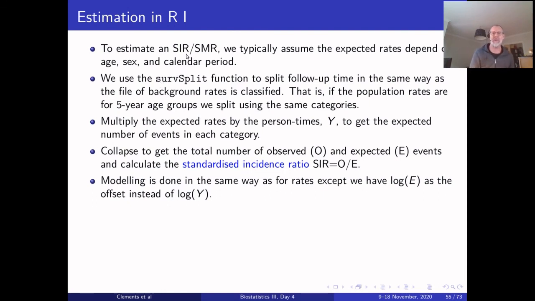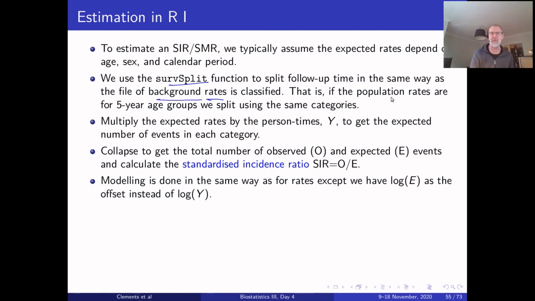Estimation in R. To estimate an SIR or an SMR, we typically assume the expected rates to depend upon the person times split by age, sex, and possibly calendar period. Then we use the survSplit function to split up the follow-up time in the same way as we have for the background rates.